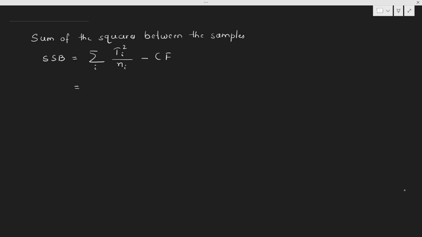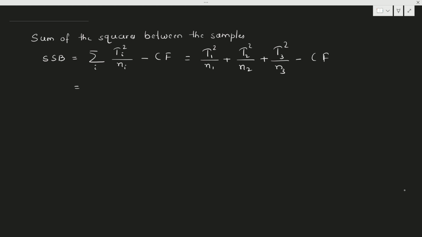So we write it as T1 square by N1 plus T2 square by N2 plus T3 square by N3 minus correction factor.